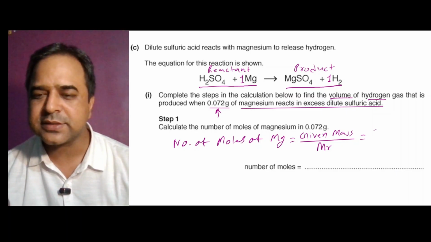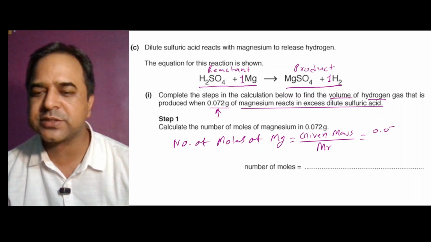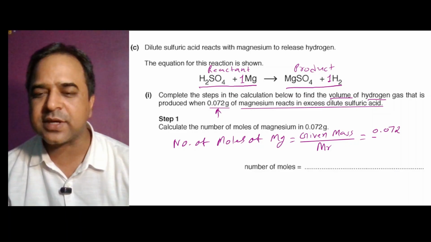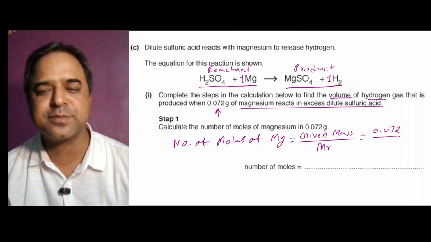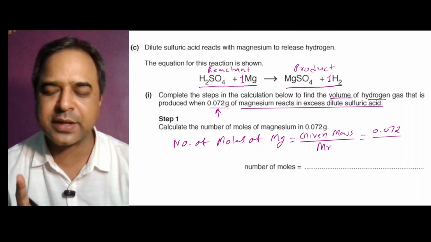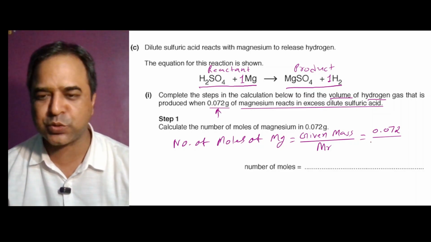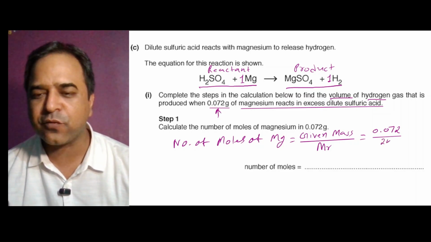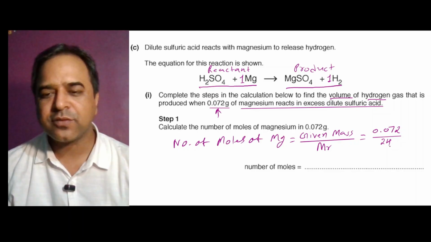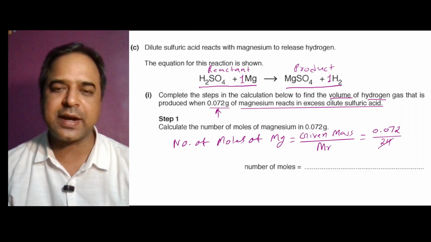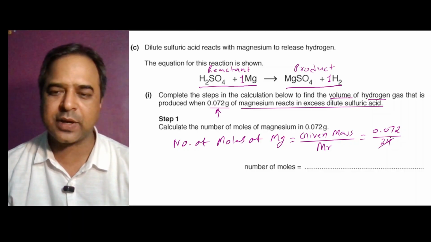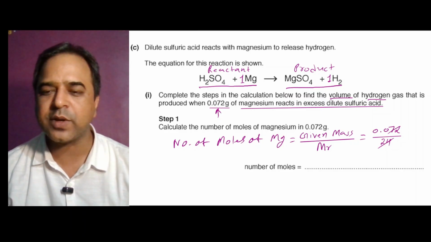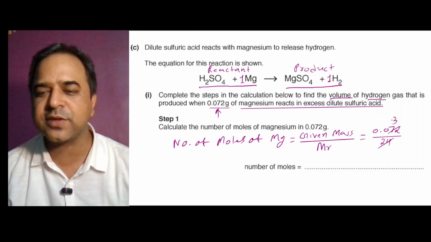So here 0.072 is the given mass of magnesium, and its atomic mass, you know, is 24. So when you divide this, you are going to get 24 times 3.